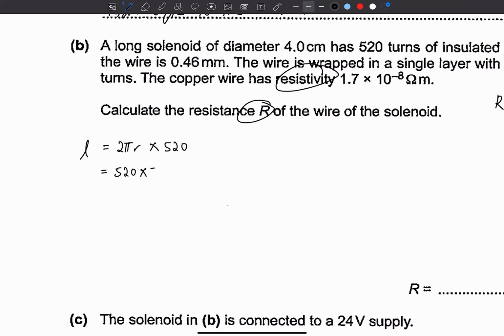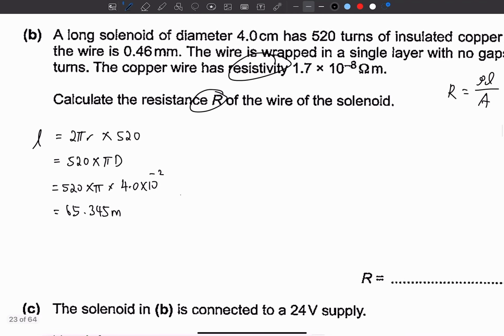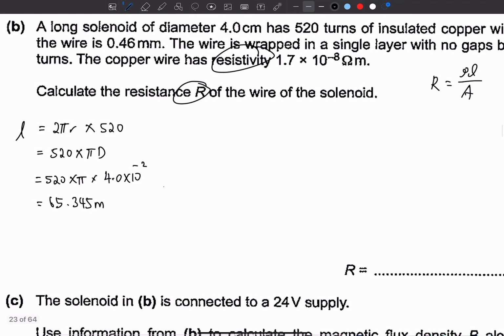And as we know, 2r is actually the diameter. So it's just this, and the diameter is given by 4.0 cm. Do the math. 65.345 meters. So that's our L.